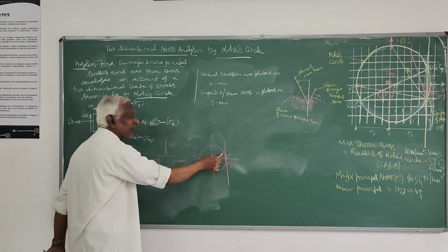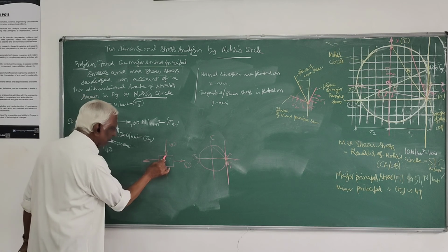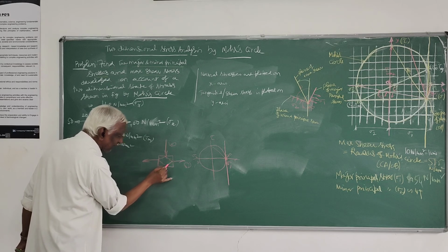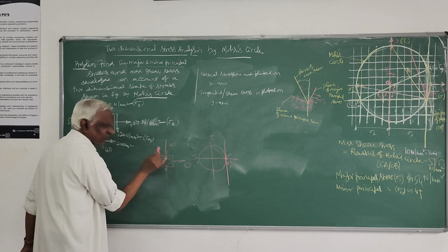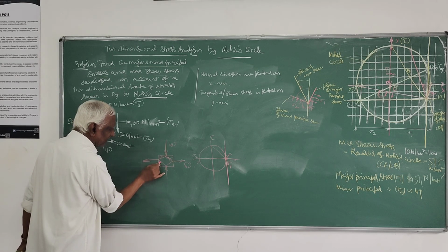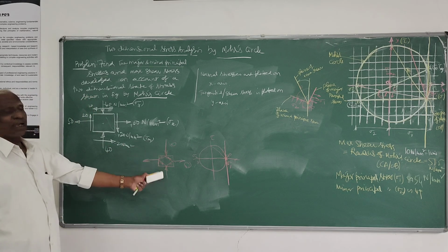This will be 45 degrees actually, that you can verify. So that is the maximum shear stress plane, like this at 45 degrees. This is at 45 degrees with vertical. So this is the plane on which only shear stress will be acting, tau max will be acting.